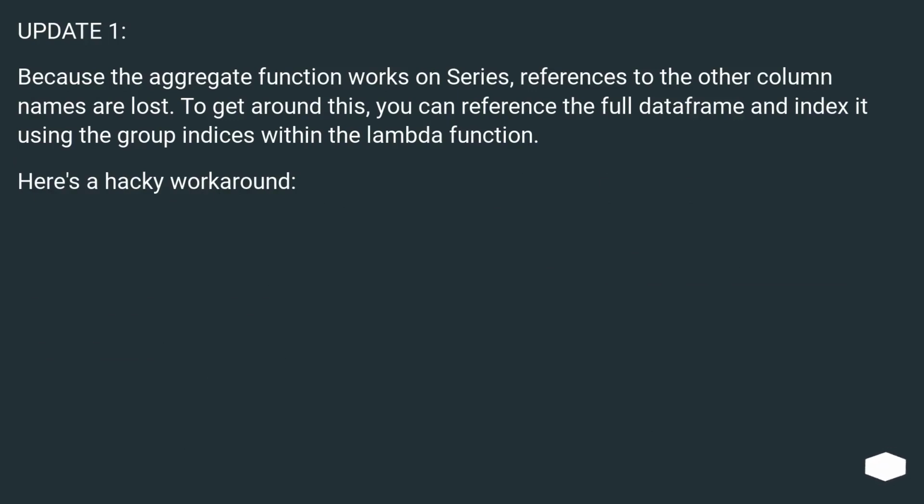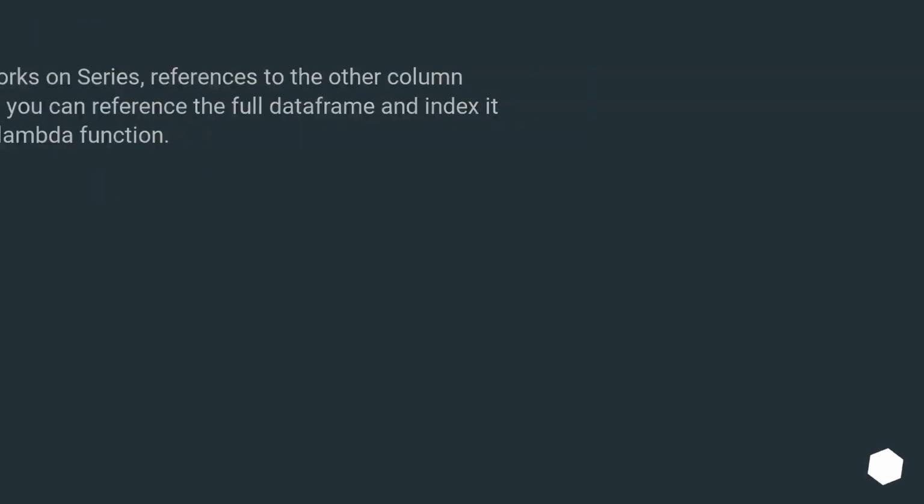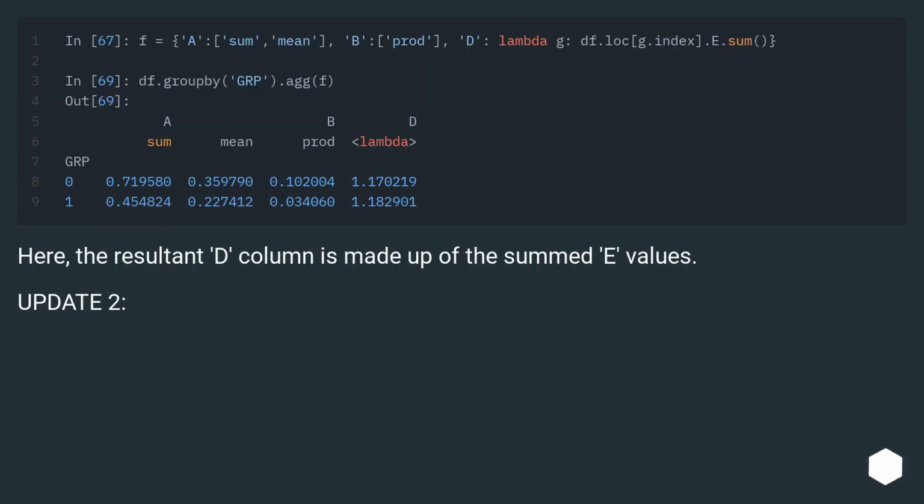Because the aggregate function works on series, references to the other column names are lost. To get around this, you can reference the full data frame and index it using the group indices within the lambda function. Here's a hacky workaround. Here, the resultant column is made up of the summed e-values.